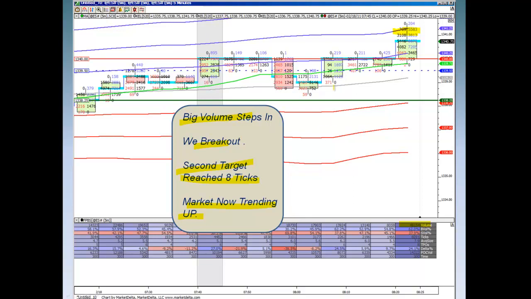Notice just some subtle differences. Even the 20 moving average is starting to slope up. So it is no longer as flat as it was before, and we continue to make higher lows and higher highs in the market.